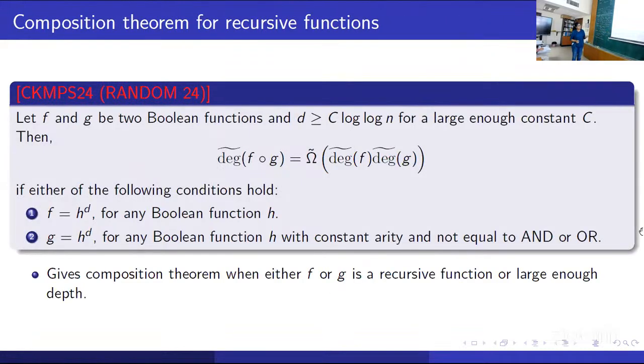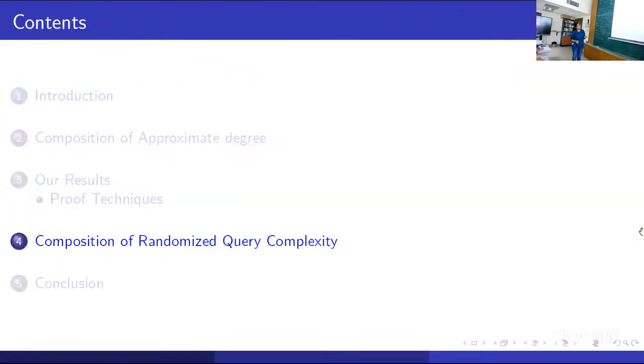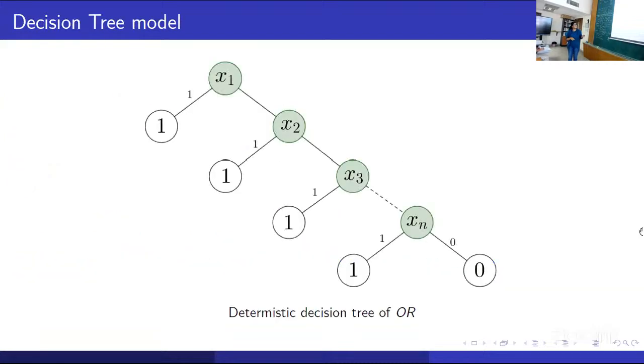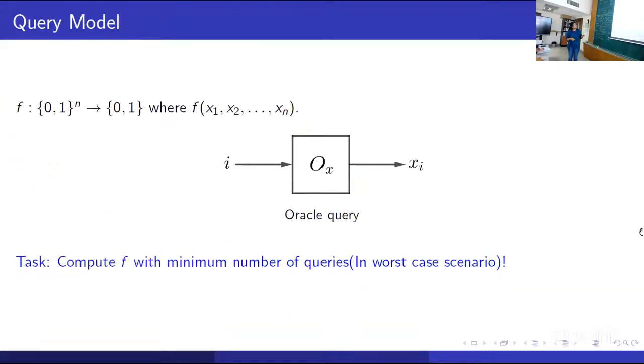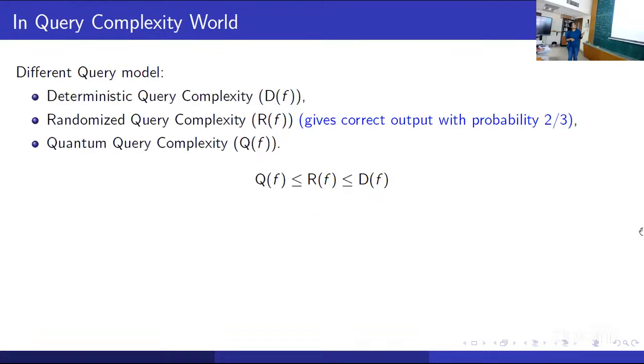So this is the theorem we have, and I will just quickly go over this open problem because time is almost over. The query complexity we have defined: in the randomized model, you have randomized access in the decision tree, and you expect your algorithm to give the correct output with probability 2/3.